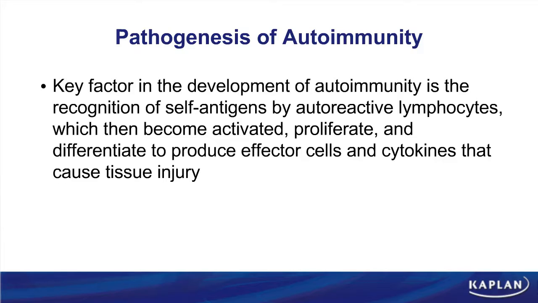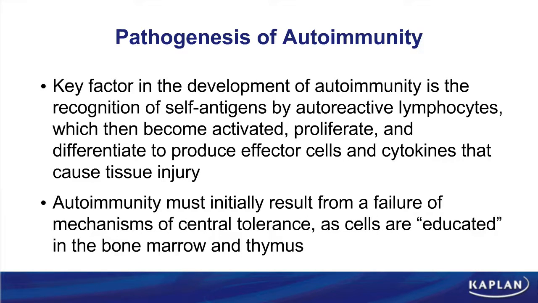So the immune system is recognizing self-antigens as foreign antigens, becoming activated, and launching an all-out immune response, but against self-tissue. So this autoimmunity initially results from some sort of a failure of central tolerance.